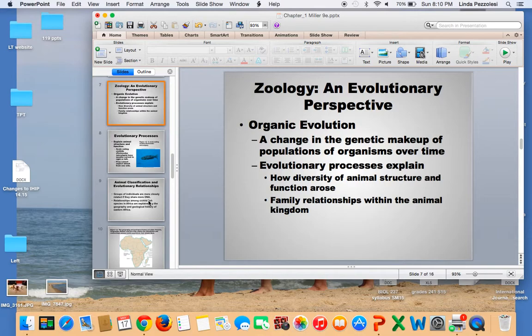This evolutionary change explains how the diversity of animals, both structurally and functionally, arose over time. And it also explains the relationships of animals that are currently represented within the kingdom of animals now.